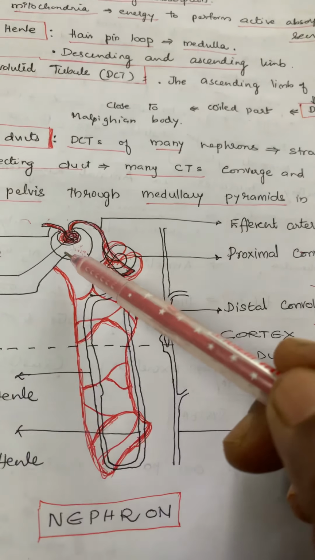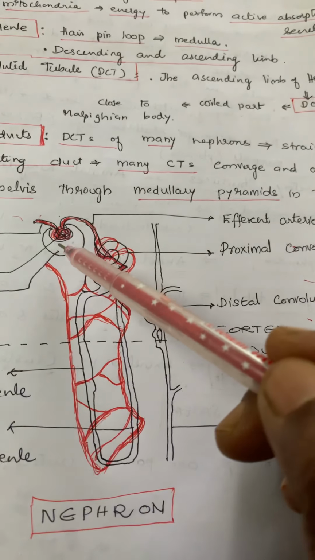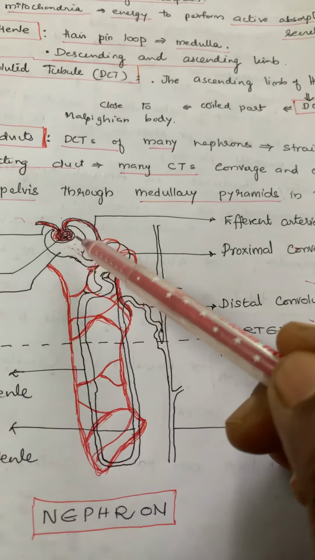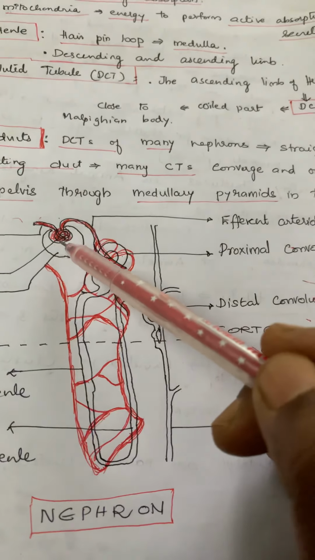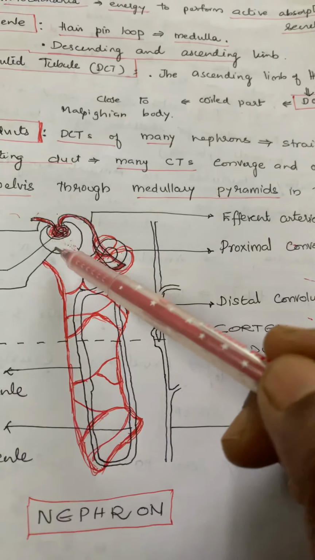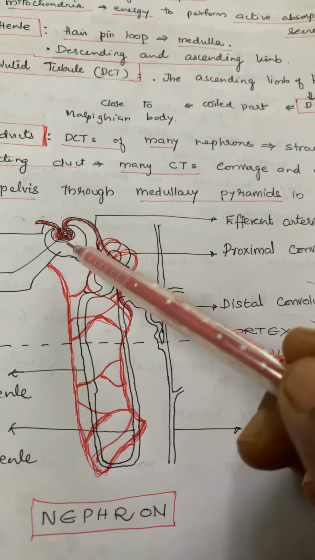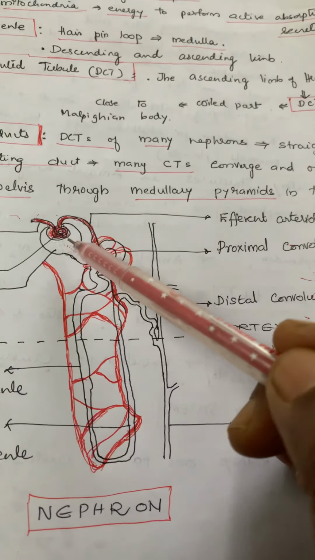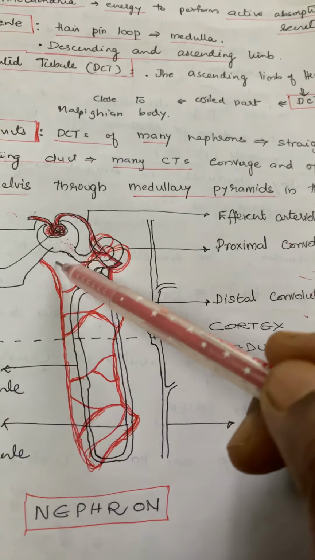Both of them are lined with squamous epithelial cells. The squamous epithelial cells of the visceral epithelium have special cells called podocytes with slit pores. They are in an intricate fashion like a sieve to filter the blood.